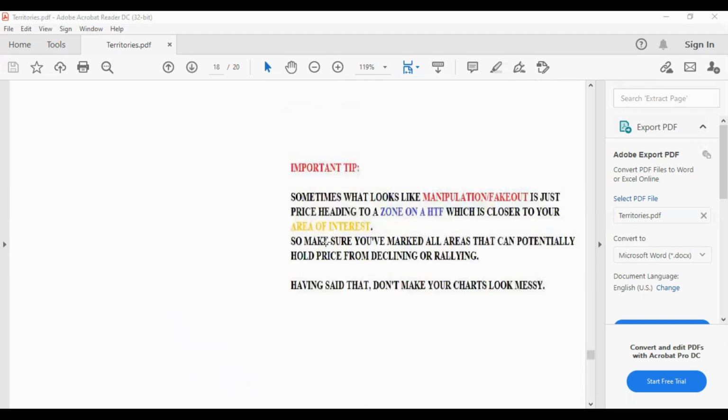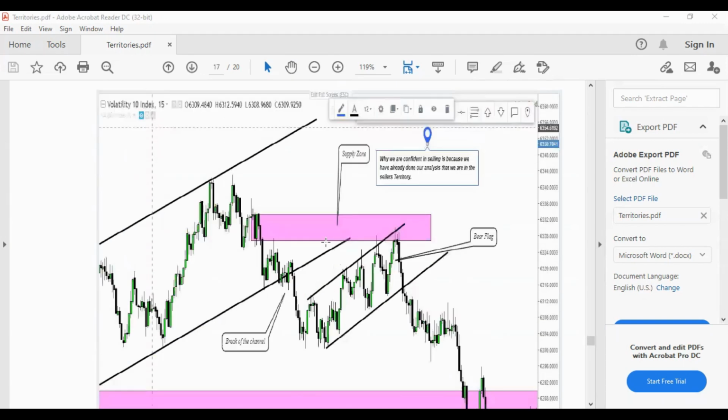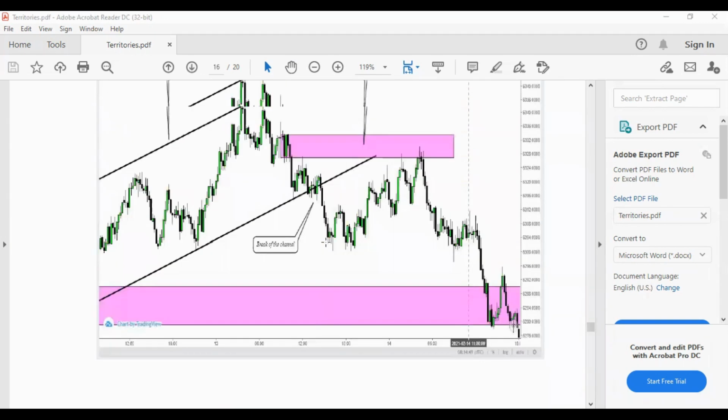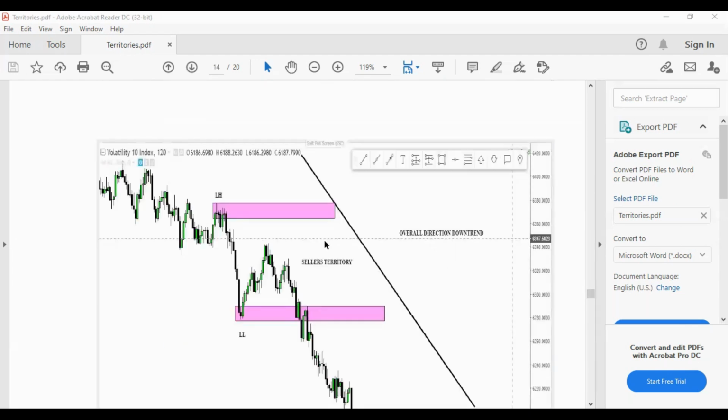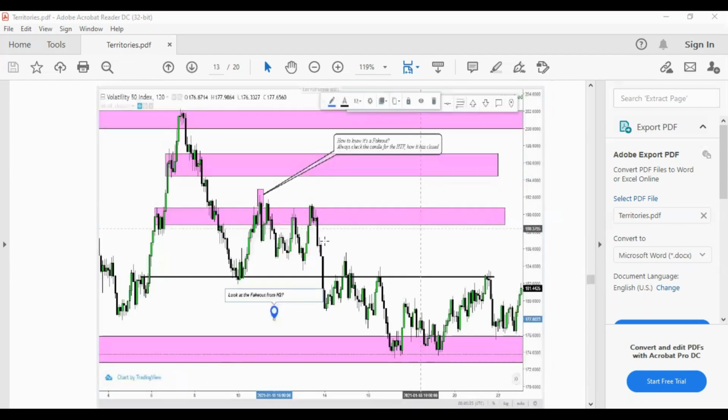Let's see if I can see some examples on these charts here. Let's give an example on some of these charts. I think I saw one. Yeah, this one here. You've seen how this fake out looked like. This same fake out that we looked at from the smaller time frame. If you draw this line here, this is our area of supply here.